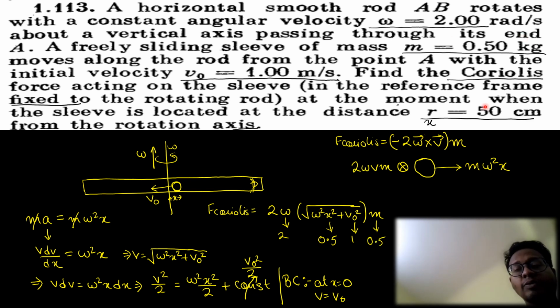Now, if you use a calculator, you will find the value of Coriolis force at radius 50 centimeter is 2.8 Newton.